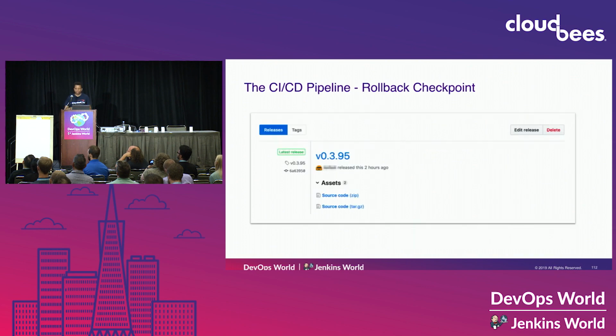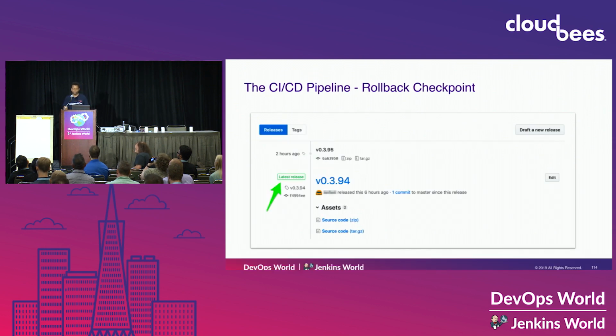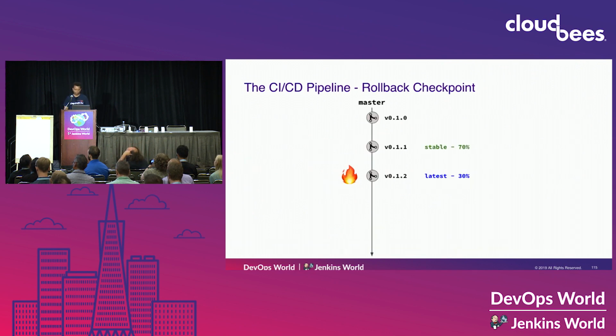Well, since we've been using GitHub releases, all we have to do is delete the release. Now, when we delete the release, we're not deleting a tag, we're just deleting the release. When we delete the release, it moves the latest marker to the previous version. So built into GitHub, it'll internally move the latest marker back to the previous release.